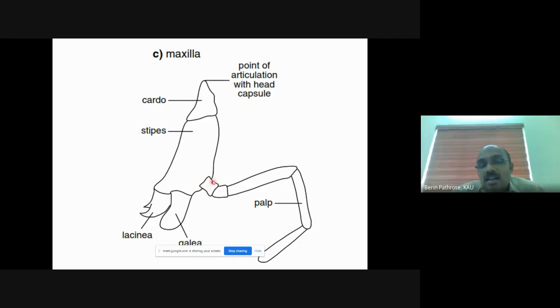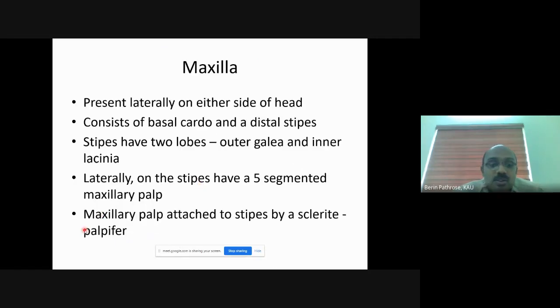On the lateral side of the stipes, we have a 5-segmented maxillary palpi, and this maxillary palpi is attached to the stipes via a sclerite called palpifer. Remember, maxilla is present on either side of the head laterally, consisting of basal cardo and distal stipes.